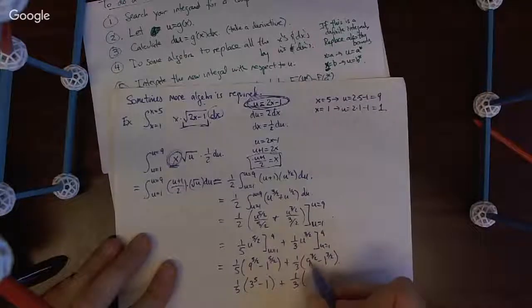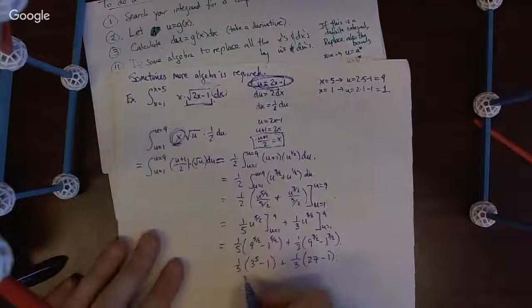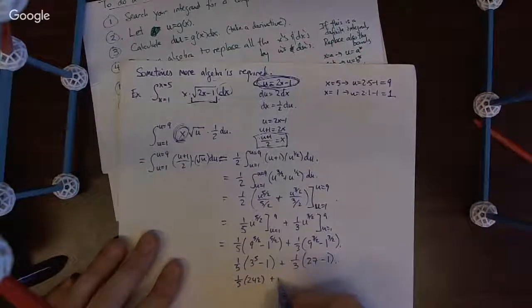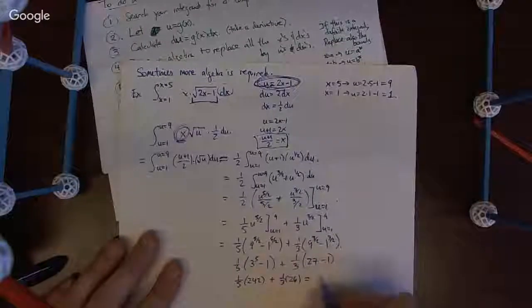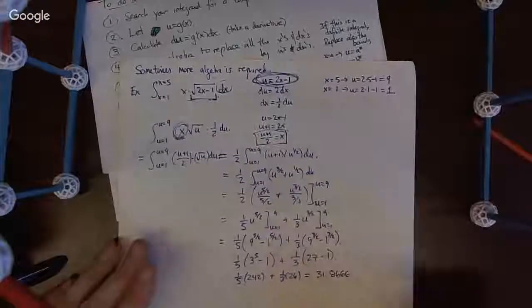And then the square root of 9 is 3, and 3 cubed is 27, minus 1. And so if you keep this up, we get 1/5 times 242 plus 1/3 times 26. And the answer is 31.866666.